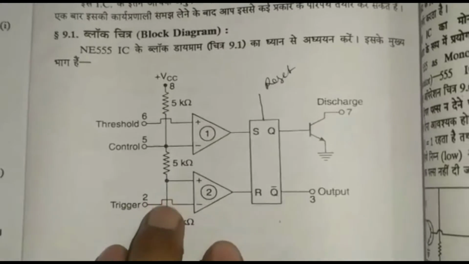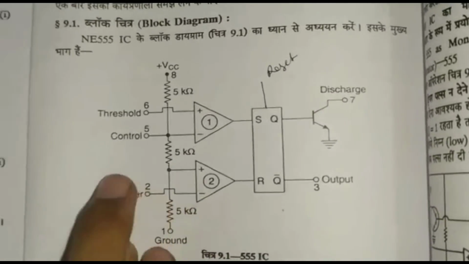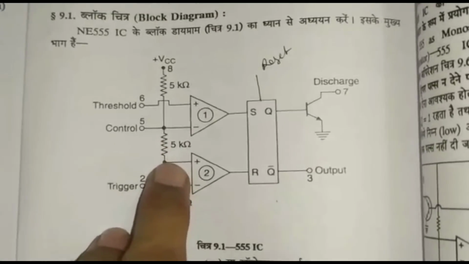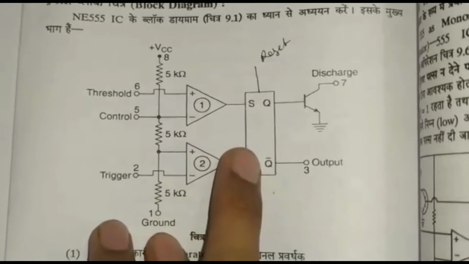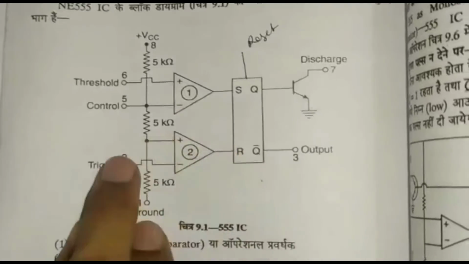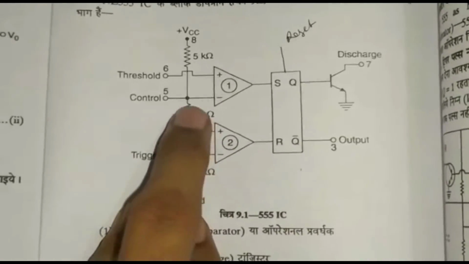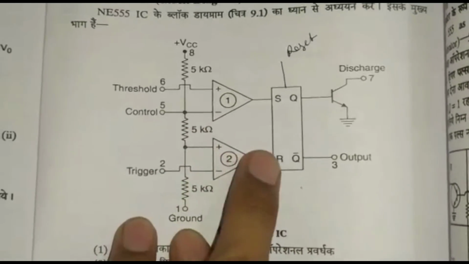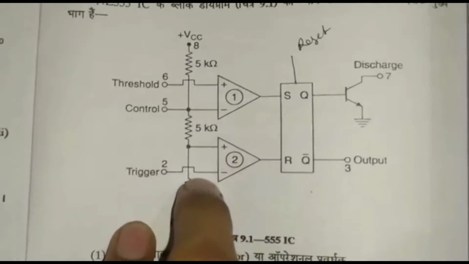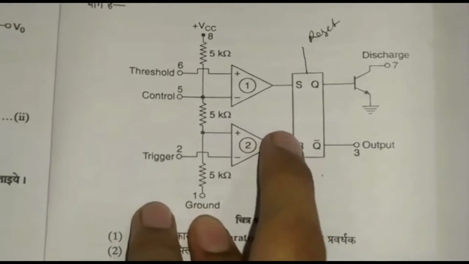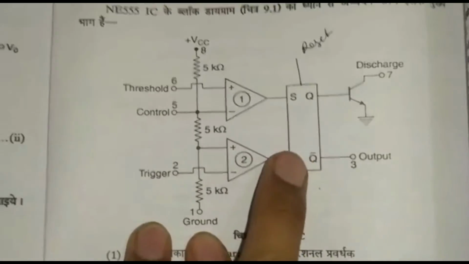If the voltage at the trigger is lower than VCC by 3, then what will happen? Then comparator 2 will give the output as 0. And if the reference voltage is VCC by 3 and the trigger pulse is high relative to VCC by 3, then it will give 0.